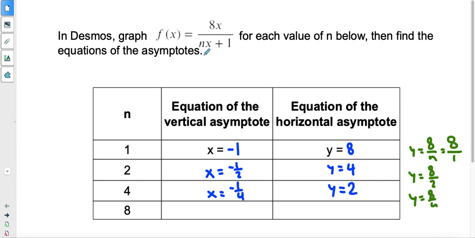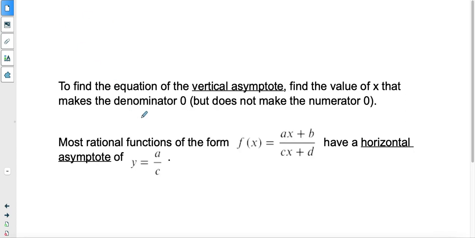So that leads us to a couple of observations here. The first one, if you're given a rational function in the form ax plus b divided by cx plus d, and you want to find the vertical asymptote, you just need to find the value of x that makes the denominator equal to 0.